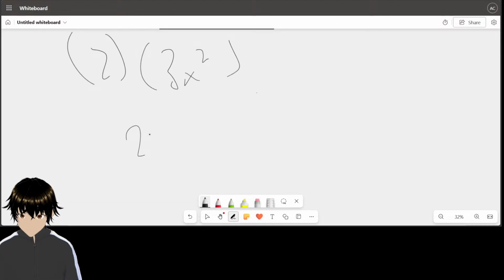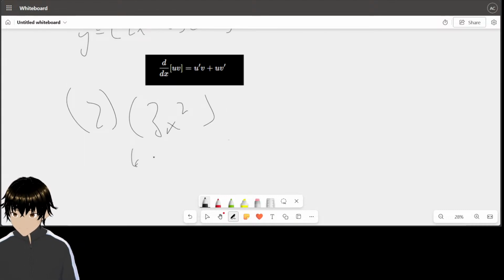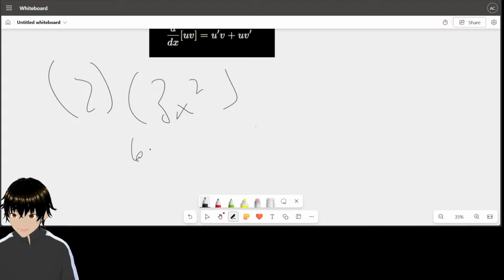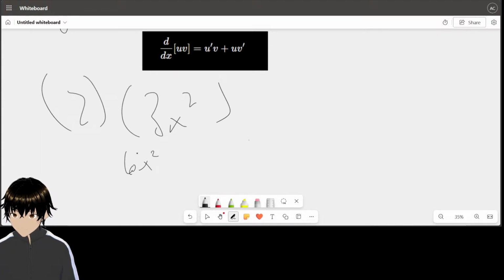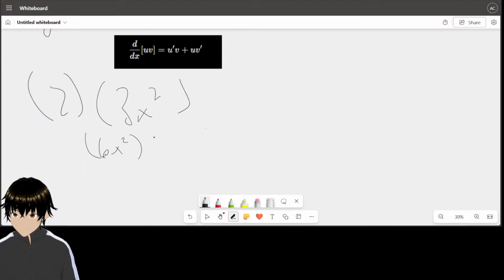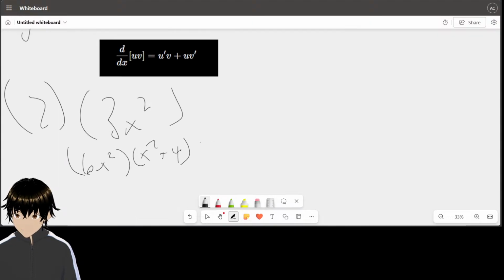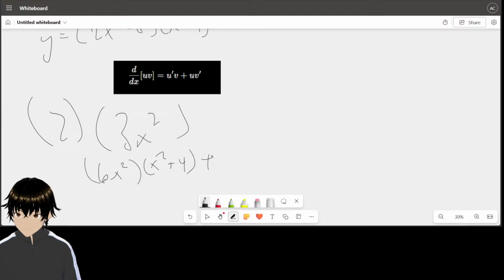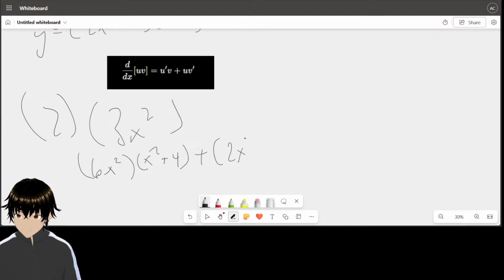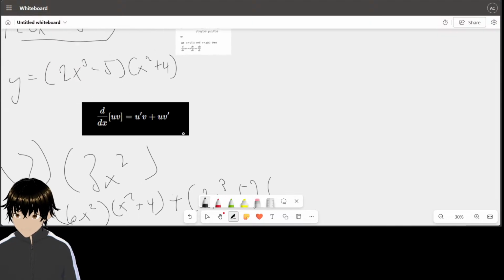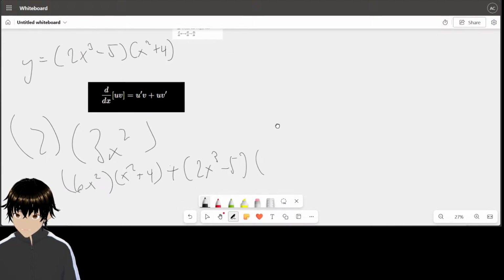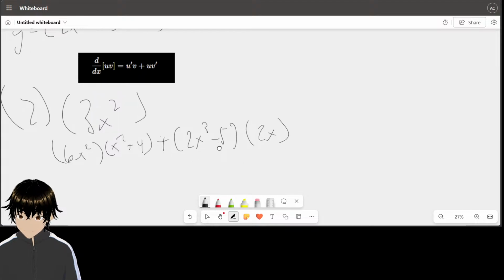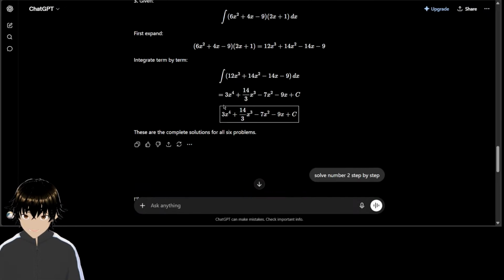So it's gonna be 6x squared times the second function, which is x squared plus 4, and we just plus it with 2x cubed minus 5, and then the derivative of the second function, which is 2x. Okay, so I believe that's the answer.